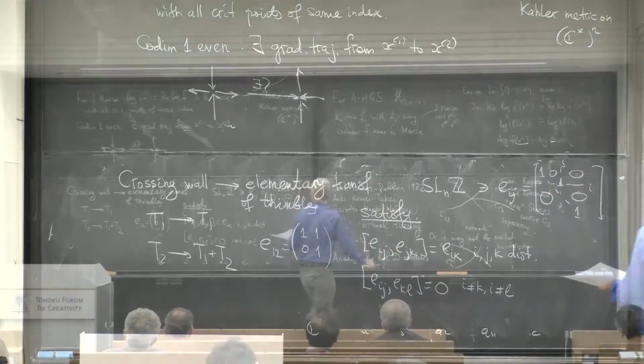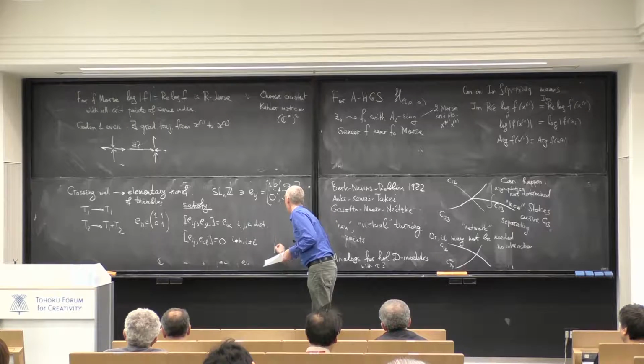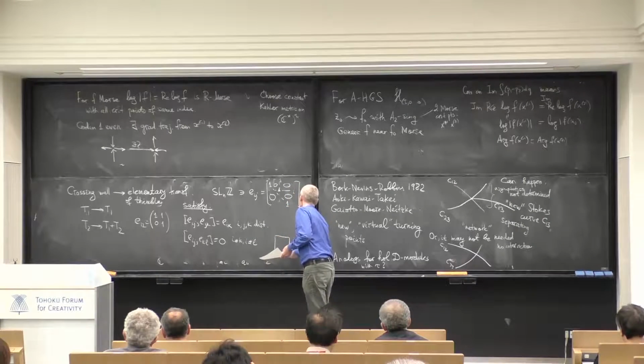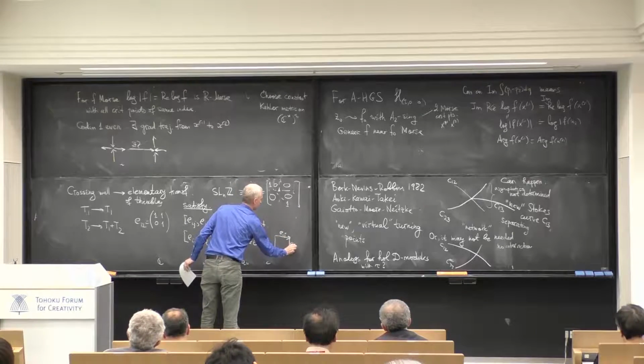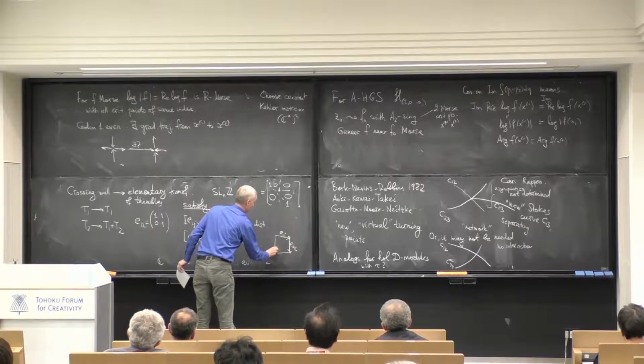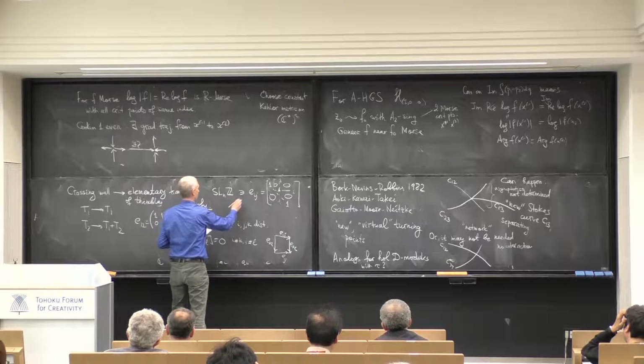This can be written geometrically. This commutativity of two elements is written as a square, like this, say Eij, Ekl, Ekl, Eij. And this I can write as a pentagon.